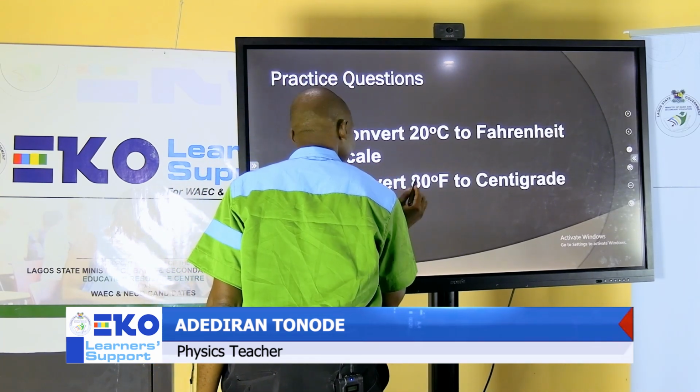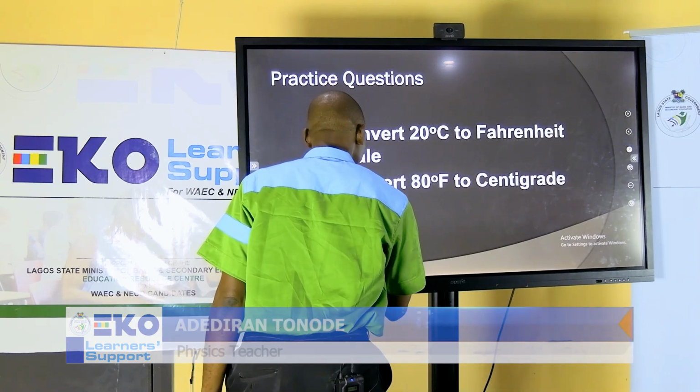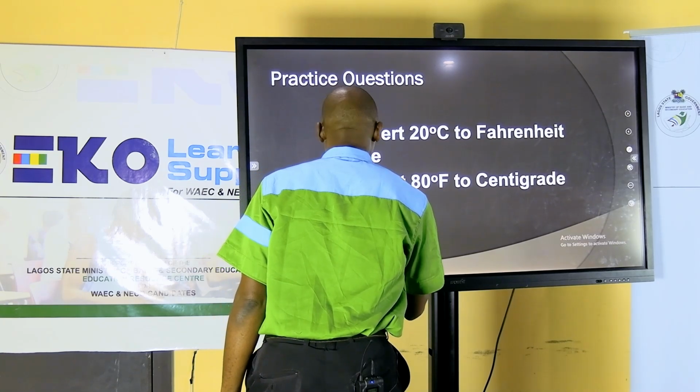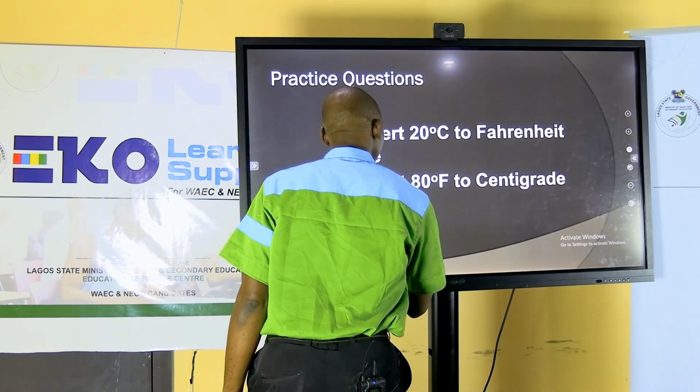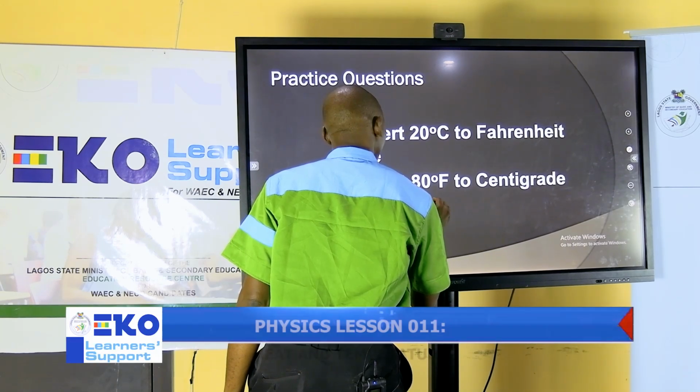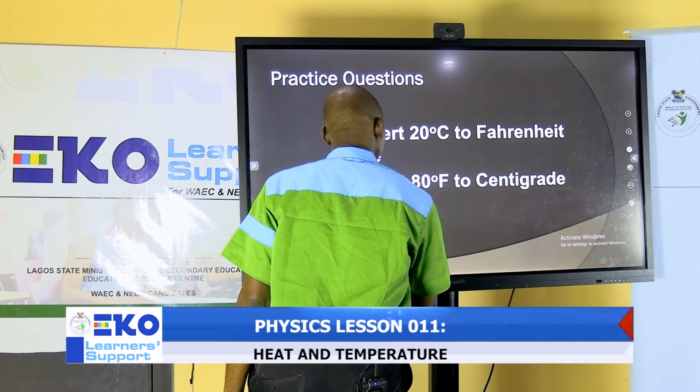100, that is the fundamental interval, the difference between upper and lower fixed point, minus 0 over 20 minus 0 equals 212 minus 32 over x minus 32.